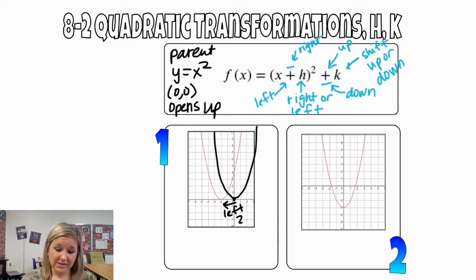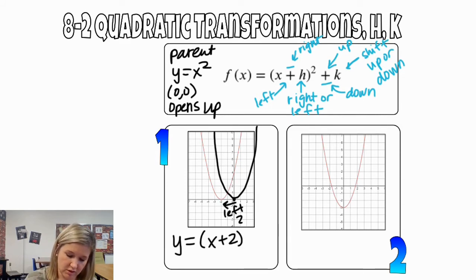So that's going to affect H. And remember that we are going to write that as x, and instead of saying minus 2, it's going to be plus 2 squared. So to write this function, it would be (x + 2) squared because I'm shifting to the left 2. Even though we said plus, remember, inside the parentheses, they don't follow the rules.